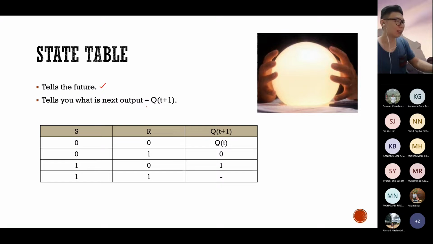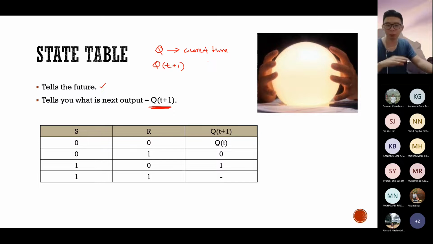So this tells you what the next output is. This next output is shown over here, and it's written like so. Q is the output. Usually when we write Q, we mean that Q is the output at the current time. So if you write Q(t+1) like this, it means the current time plus 1, which means one step forward in the future.